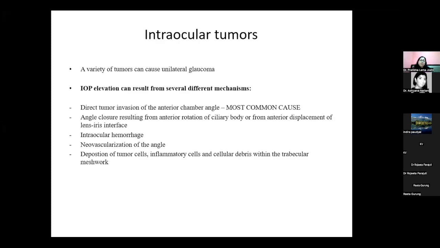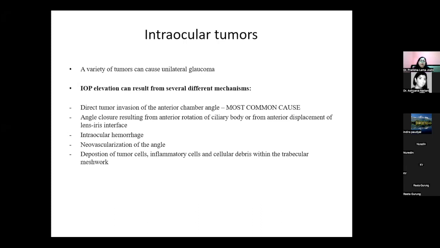Intraocular tumors also cause secondary open angle glaucoma, and they are responsible for unilateral glaucoma. The IOP elevation in secondary open angle glaucoma due to tumors can be caused by several mechanisms.